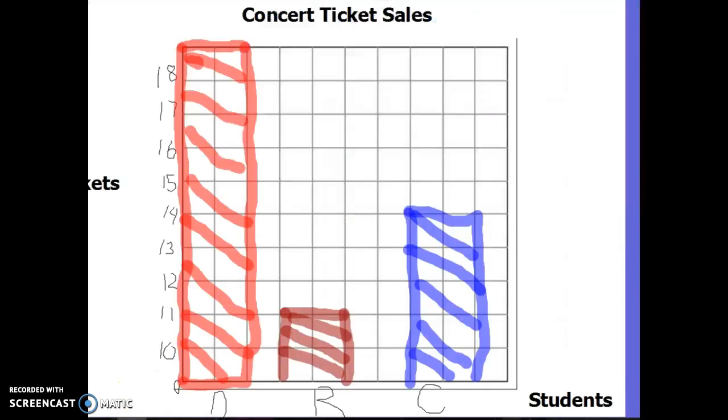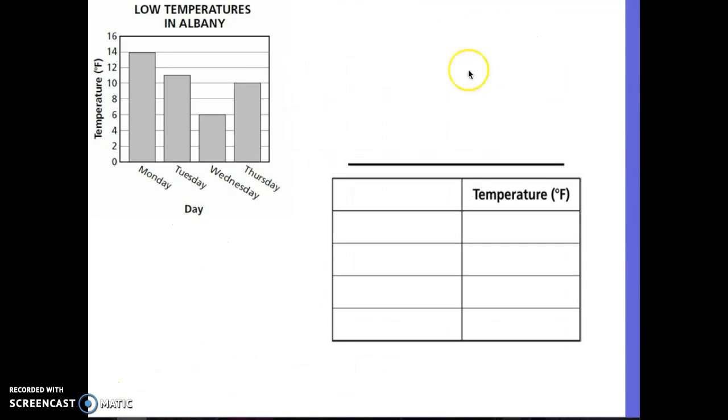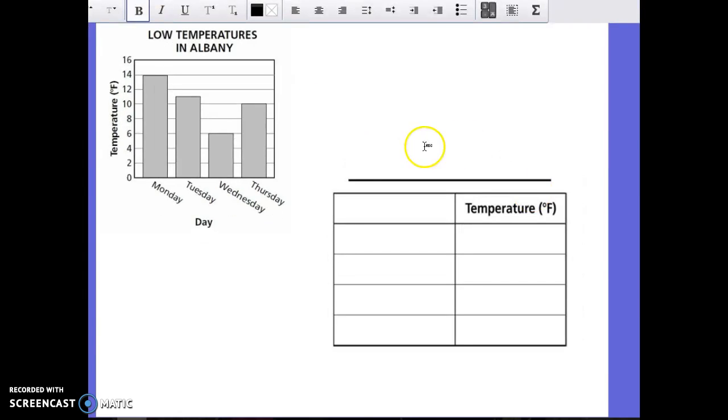So we can go ahead and use the same exact title, low temperatures in Albany. We have our temperatures on our y-axis, which is here.